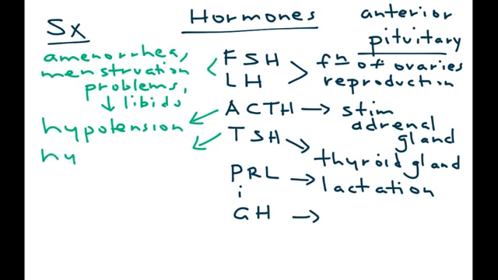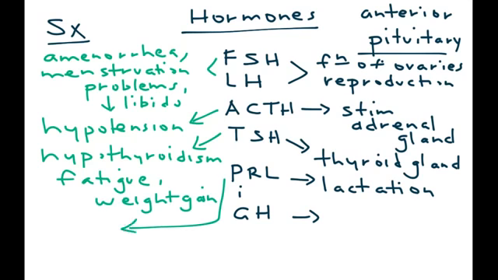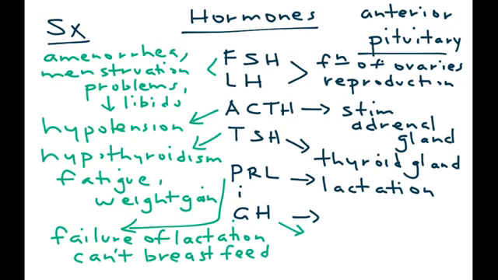Hypothyroidism can result if your TSH is not produced in sufficient quantities, and that can of course lead to many of the symptoms of hypothyroidism, which include fatigue, weight gain. Prolactin not produced properly results in failure of lactation. So essentially, the woman is unable to breastfeed. Lack of growth hormone can lead to many things. I'll just mention one: loss of muscle strength.